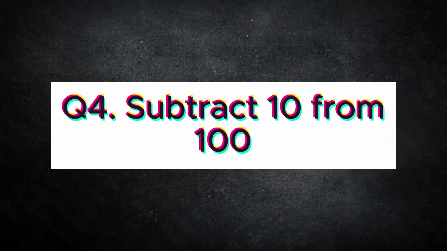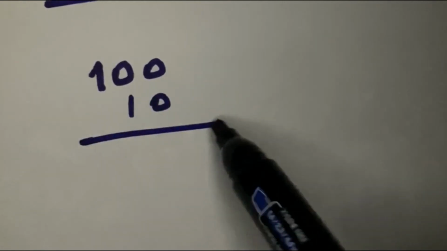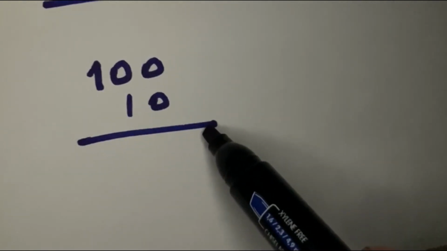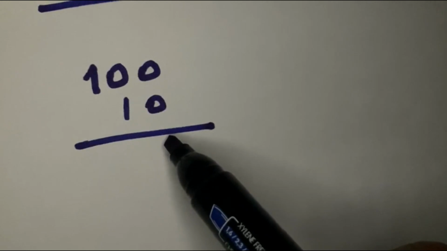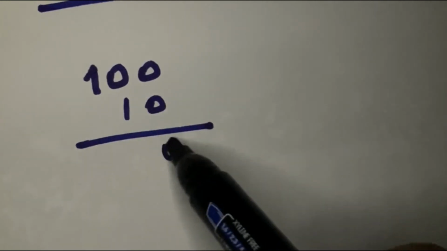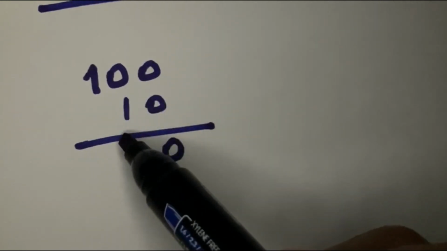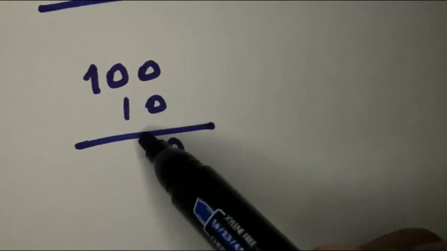Our fourth example will be, let's subtract 100 minus 10. Okay. 0 minus 0 is 0. 0 minus 1, we cannot subtract 0 minus 1. Therefore, we borrow from the previous one.